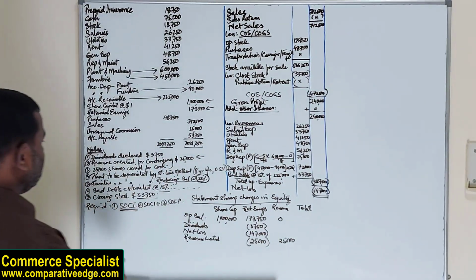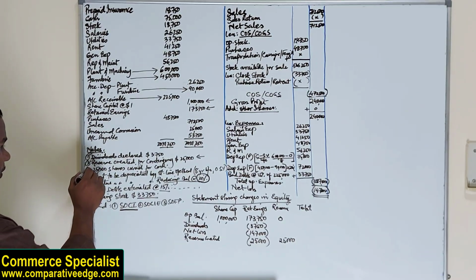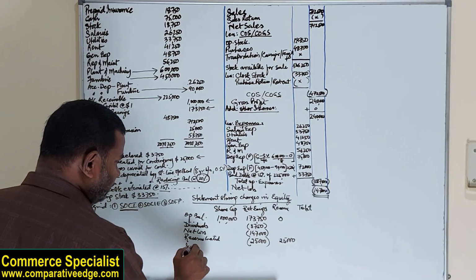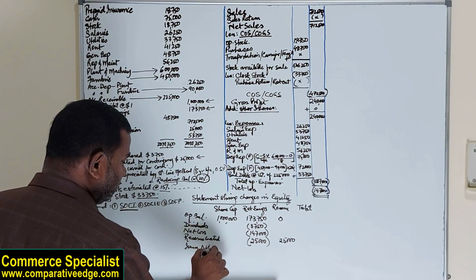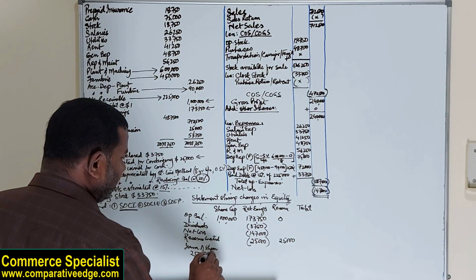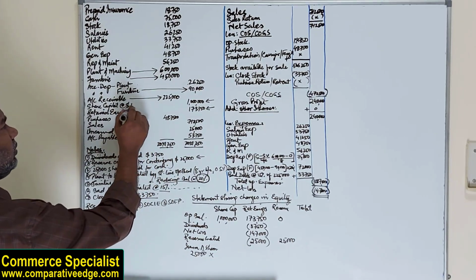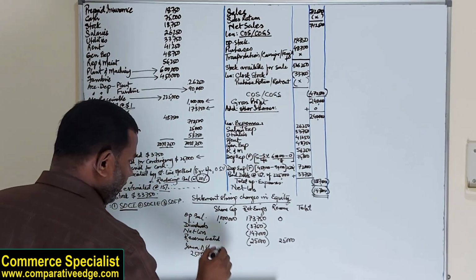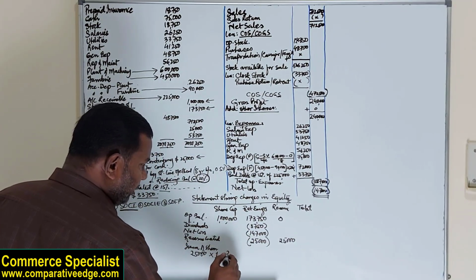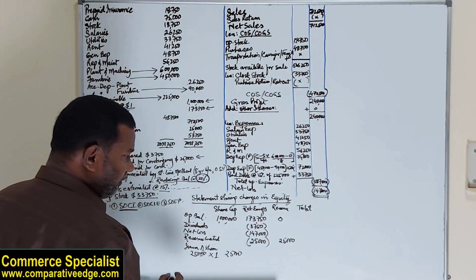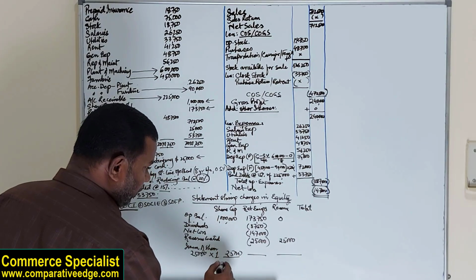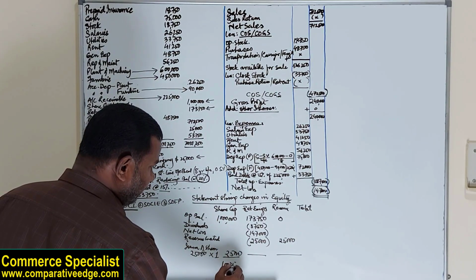Then it also says here, number 3, 25,000 shares were issued. So I can write issuance of shares. We are issuing 25,000 shares and one share is for $1 here, so 25,000 into 1 will be 25,000. When we issue shares, share capital increases. So in the end, this becomes 1,025,000.